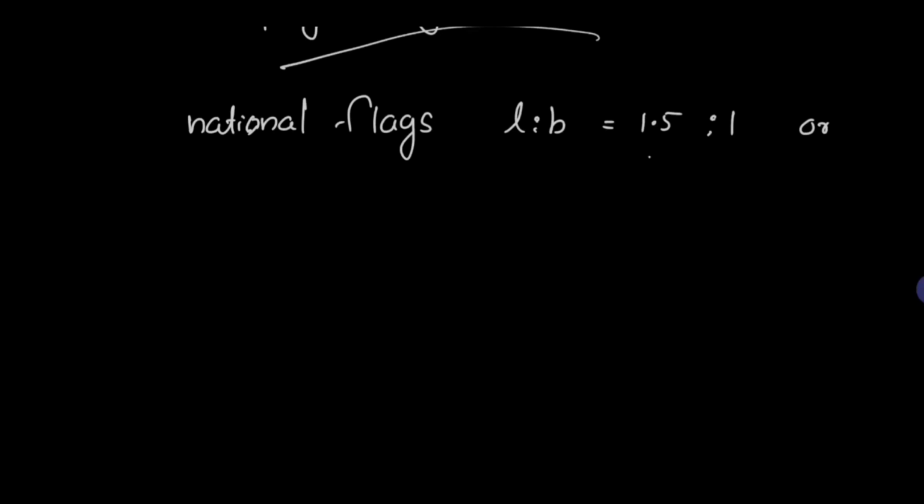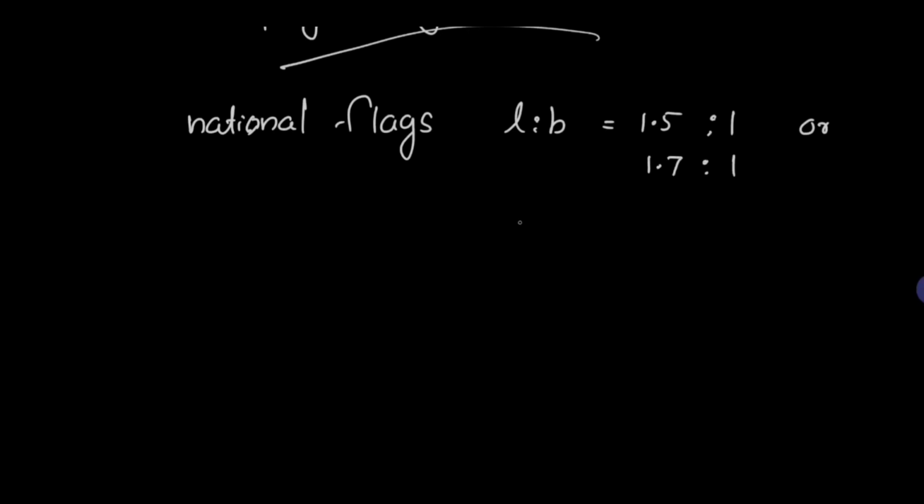Do you know our national flags are always in the proportionate ratio of L is to B, that is length is to breadth, equal to 1.5 is to 1. That is the ratio of our national flag. All national flags, not only ours, are in the ratio L is to B equal to 1.5 is to 1, or otherwise 1.7 is to 1.